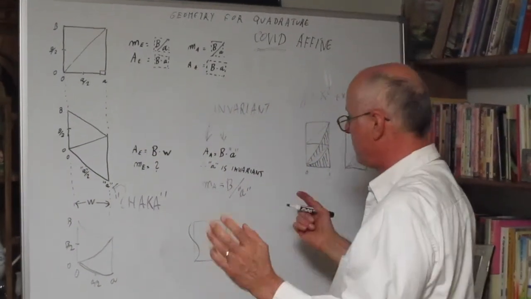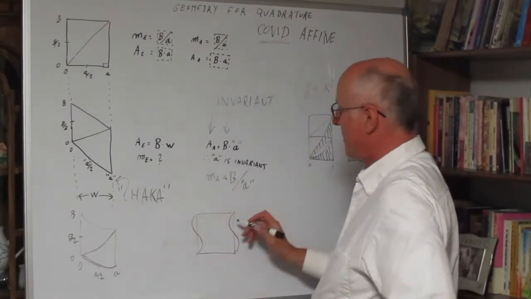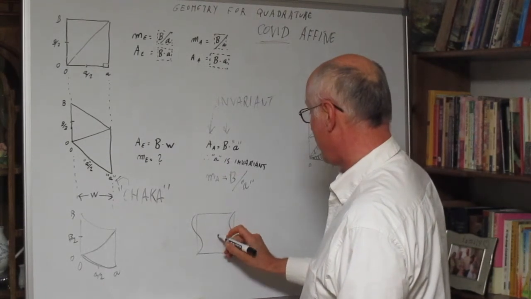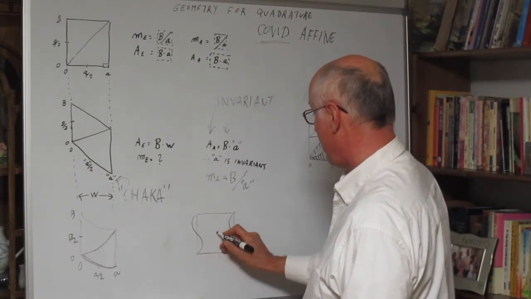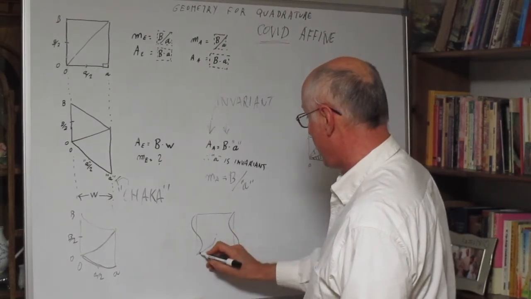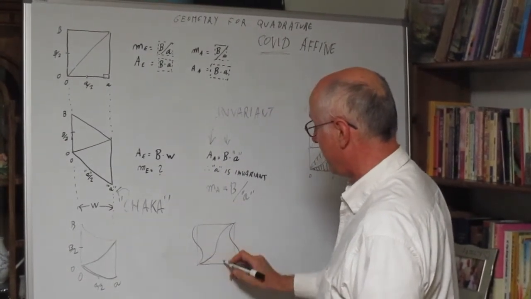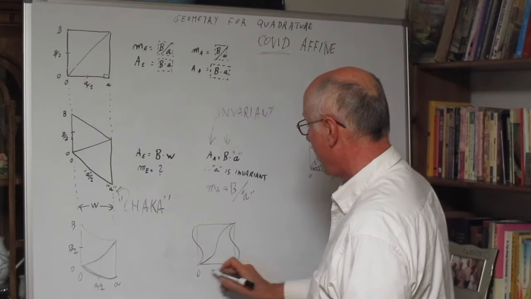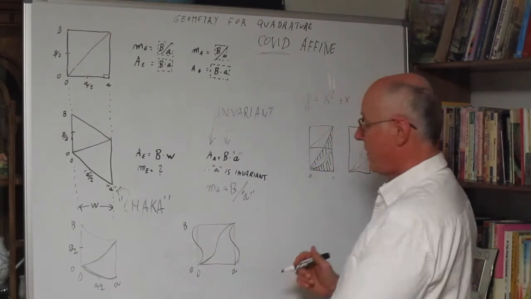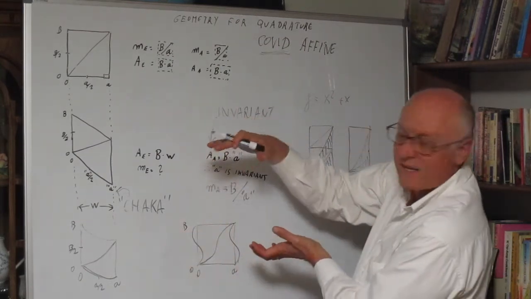And okay, so now we have our situation. What does it look like? This is what the diagonal looks like here. 0, A, 0, B, right? And you can see that A hasn't changed. We rotated it.